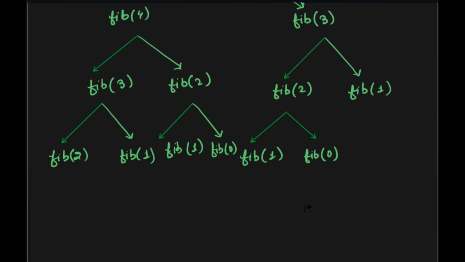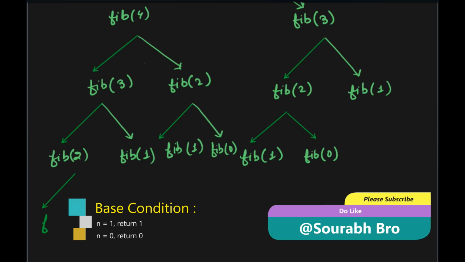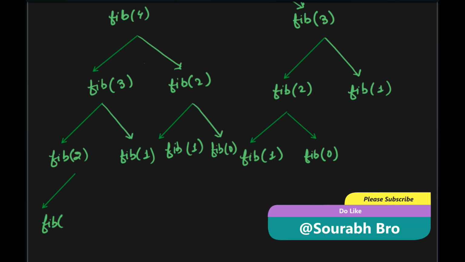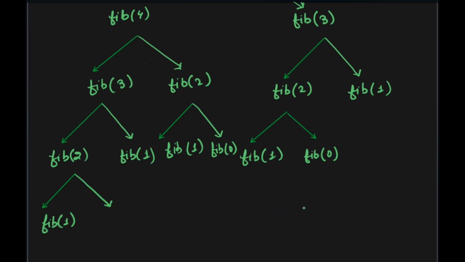Now here still we have not found our base condition, so we will keep calling our function in recursion mode. So Fibonacci of n-1 means 1, and here Fibonacci of n-2, it means 0.